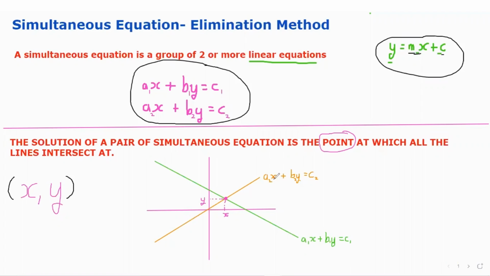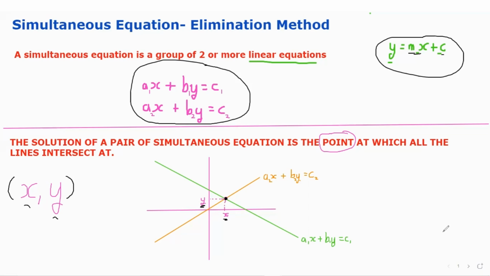If we try to solve these two equations simultaneously, we'll obtain one point. This point is where they both intersect. As with each point, there's an x value and a y value. So as before, we have an x and we have a y. This will be the solution of it.